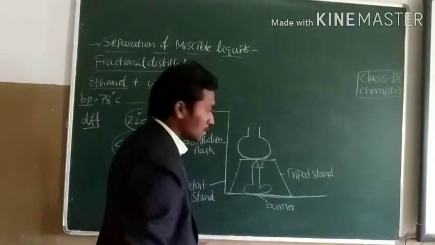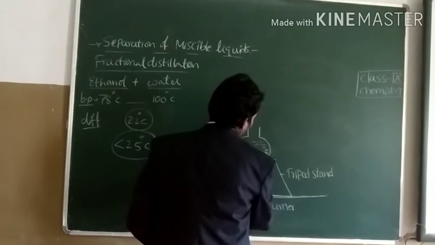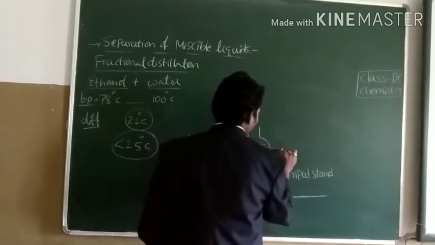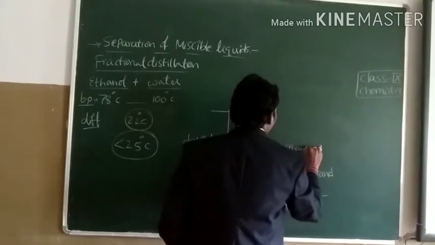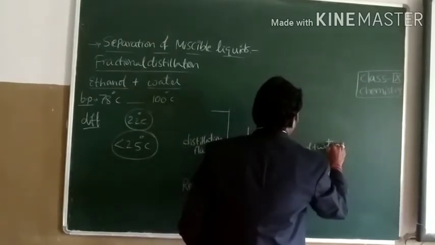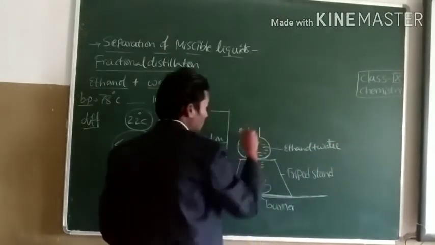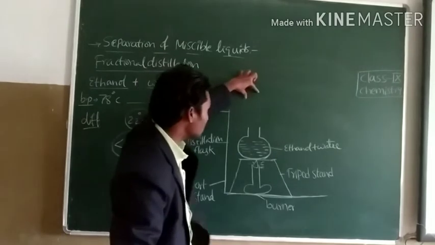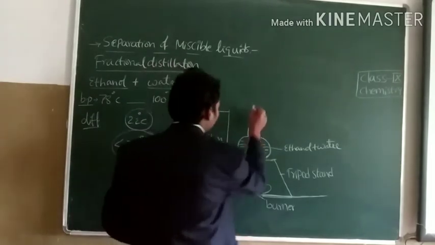It's a distillation flask which is filled with a miscible liquid mixture, let us say ethanol and water. And we have to insert a fractionating column in the distillation flask.